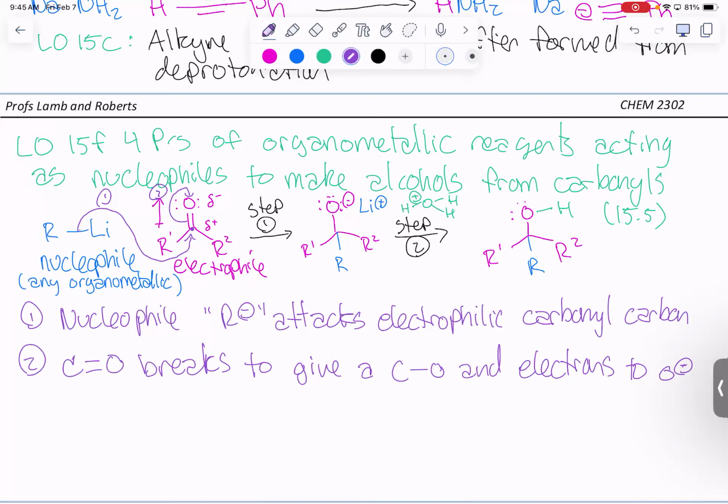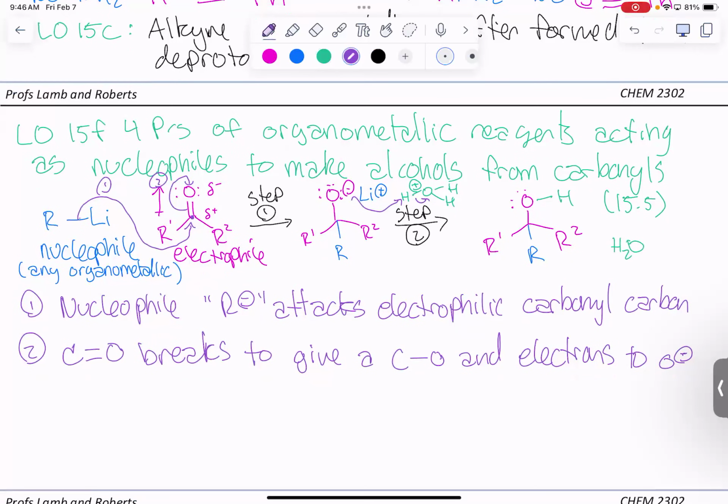All right. So we need something called a workup. Okay, so our lone pair on oxygen from that negative charge is simply going to deprotonate our acid, and that's going to generate our alcohol, and it's going to be water.